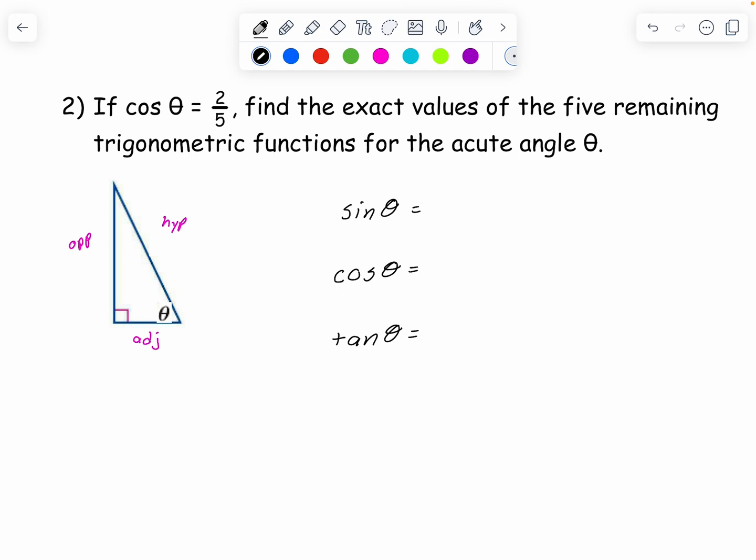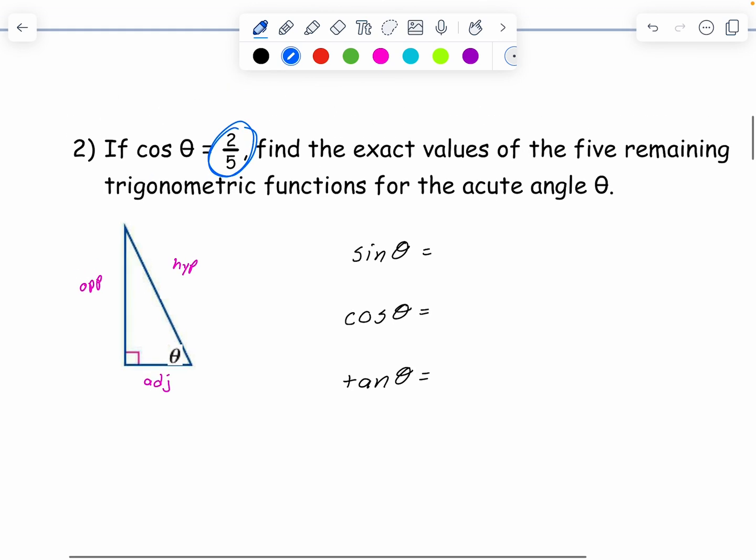Now, to fill these in on the triangle, this is going to give us 2 pieces of information. So we've got to be able to remember that cosine is adjacent over hypotenuse. So that means this fraction is a simplified fraction of the adjacent over the hypotenuse.